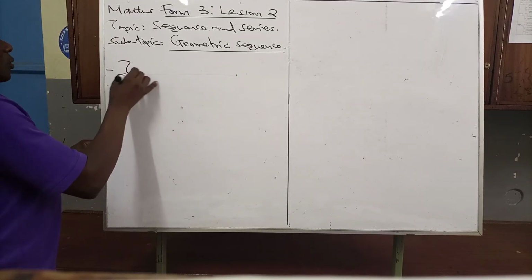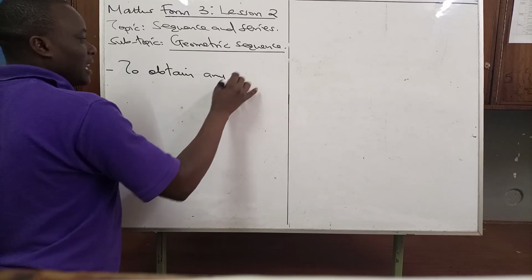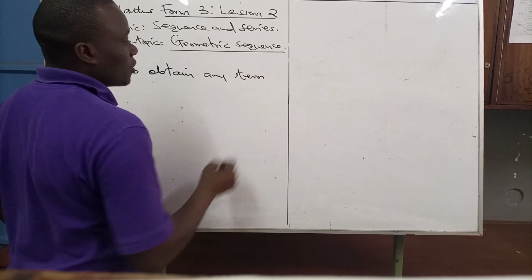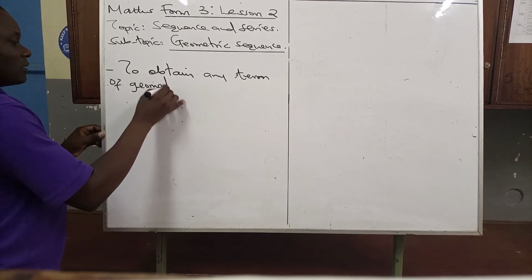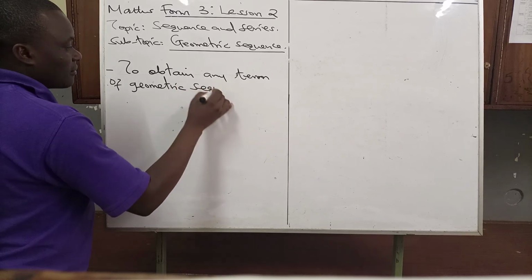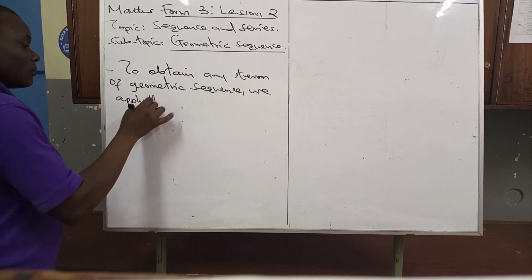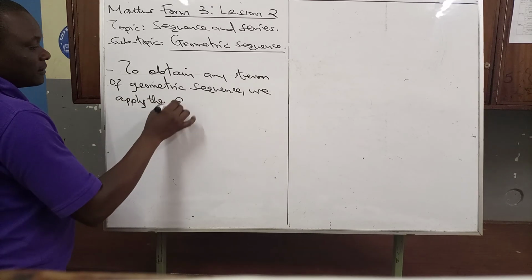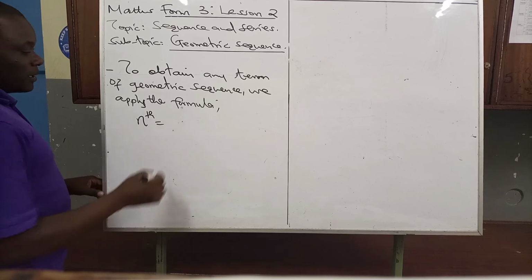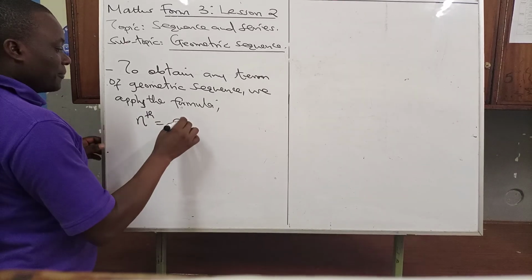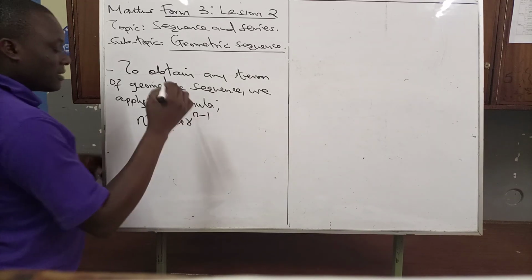So I will say, to obtain the nth term of a geometric sequence, we apply the formula: the nth term is going to be the first term times the common ratio raised to the power n minus 1.